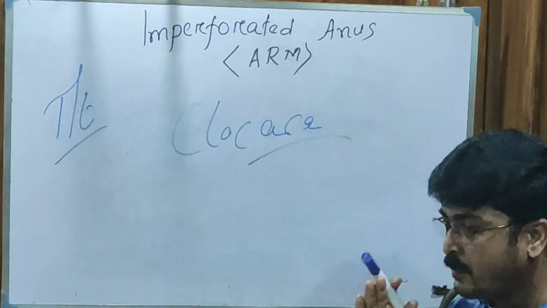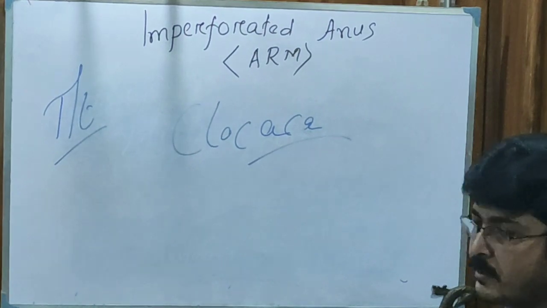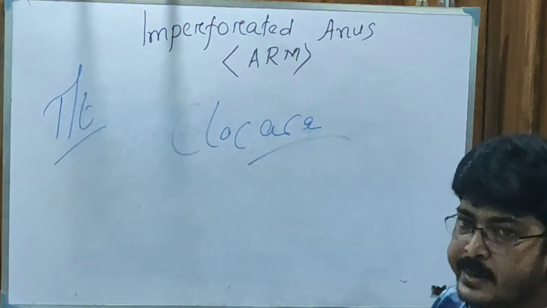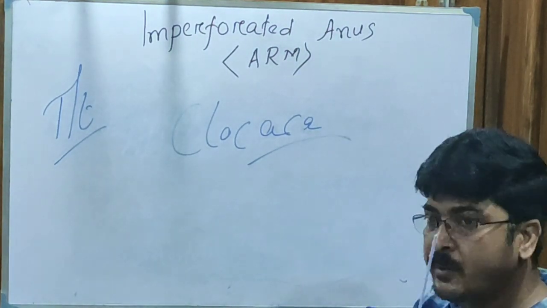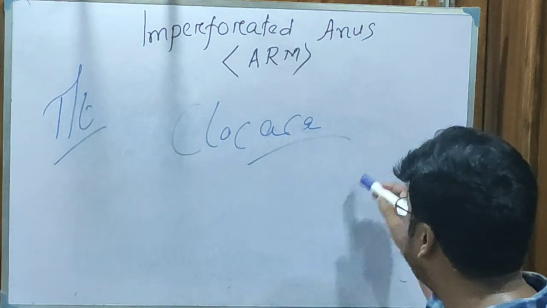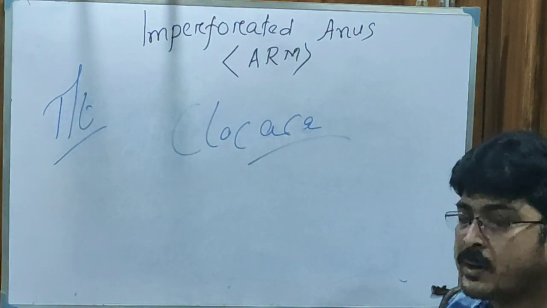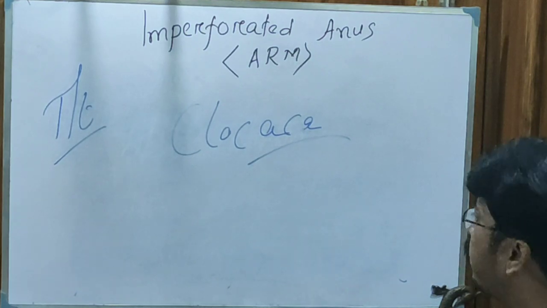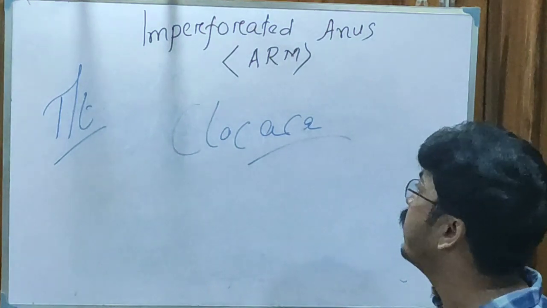That means separating the vagina from the GI tract, the vagina from the urinary tract, and finally the three tracts should be made separate: urinary tract, genital tract, and anorectal tract. It takes a long time, 3 to 4 years, even 5 or more. So this is the treatment for imperforate anus or anorectal malformation.